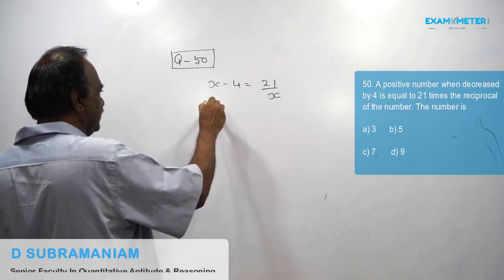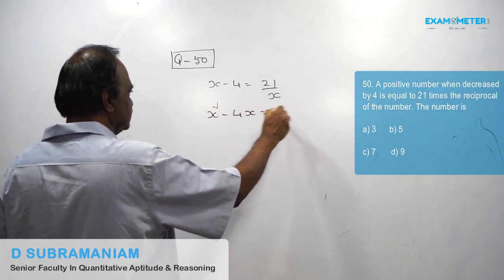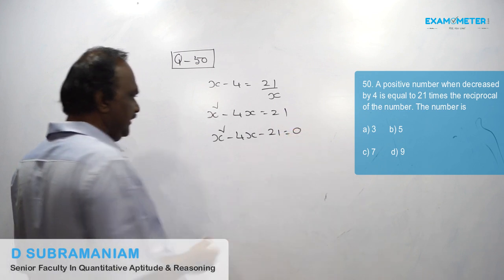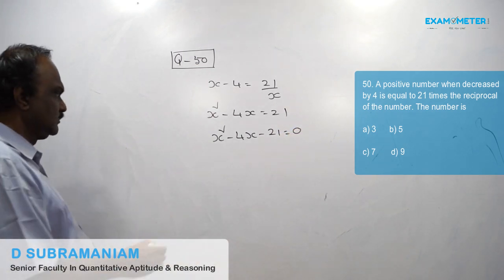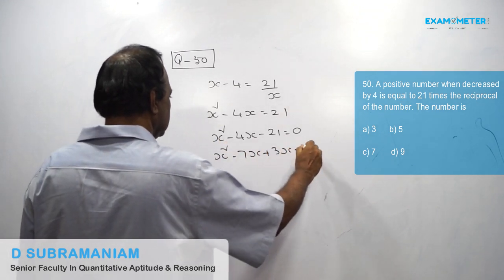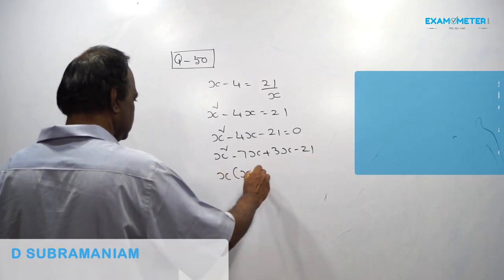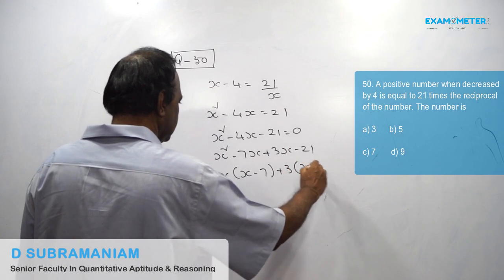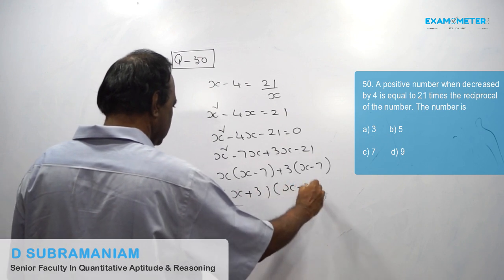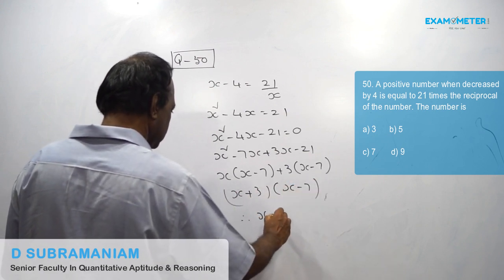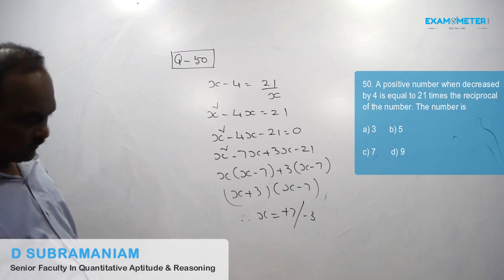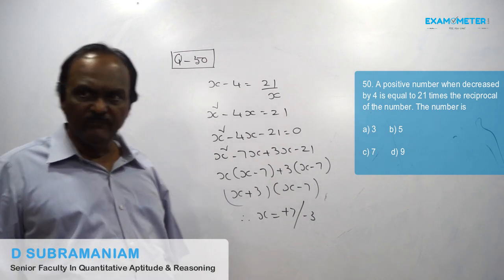Cross multiply. We will neglect the minus value, we take the plus value.